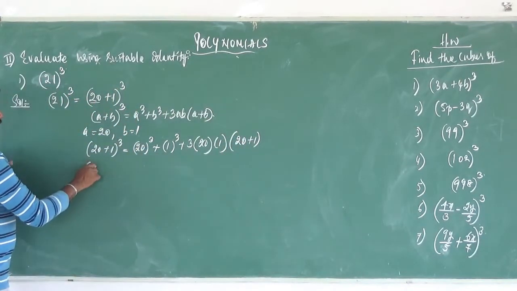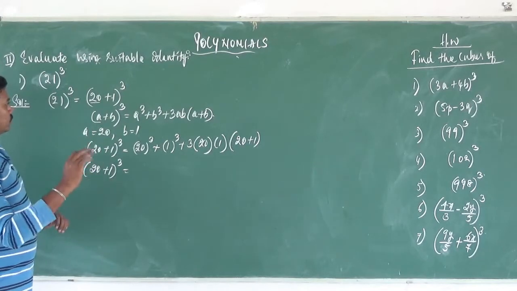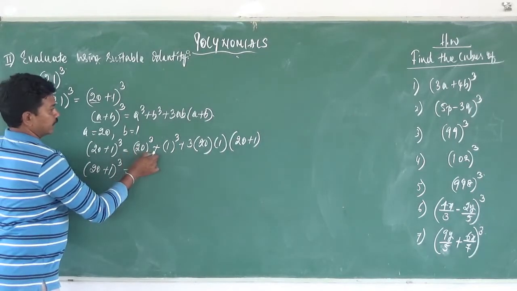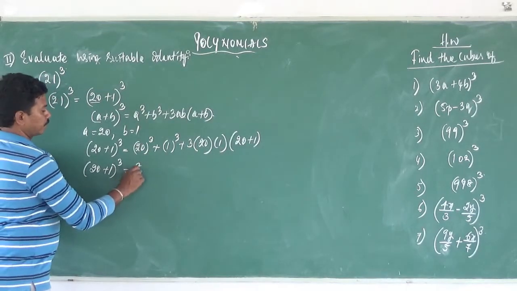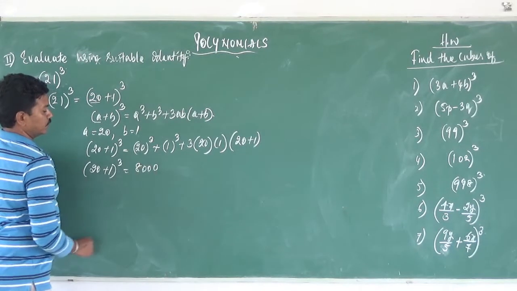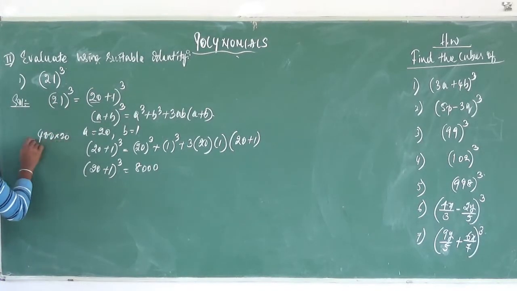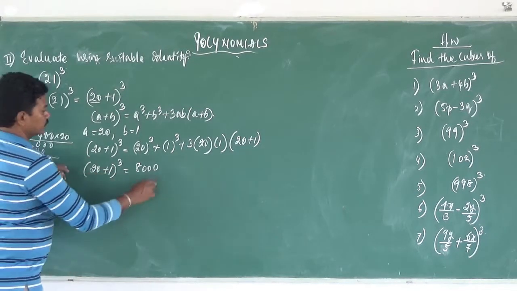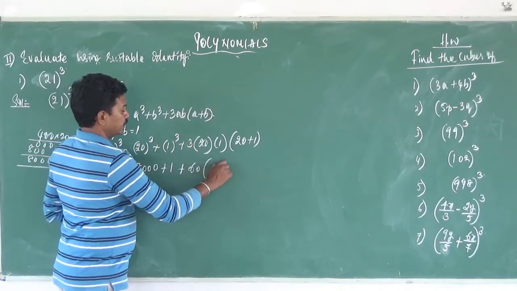So 20 whole cube: 20 into 20 is 400, into 20, so 4 twos are 8 followed by three zeros, that becomes 8000, plus 1 cube is 1, plus 3 into 20 into 1 is 60, into (20 plus 1).